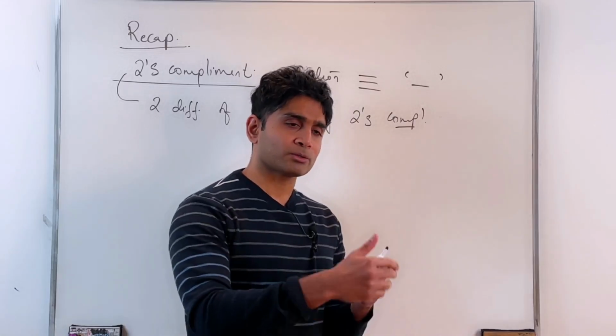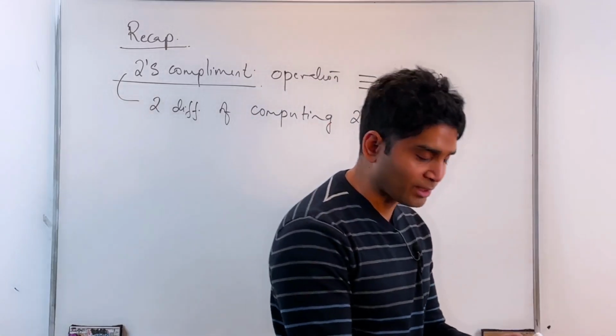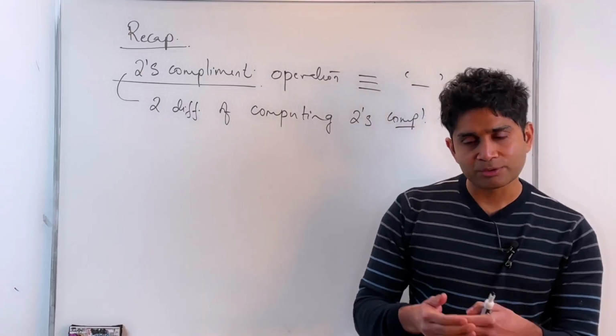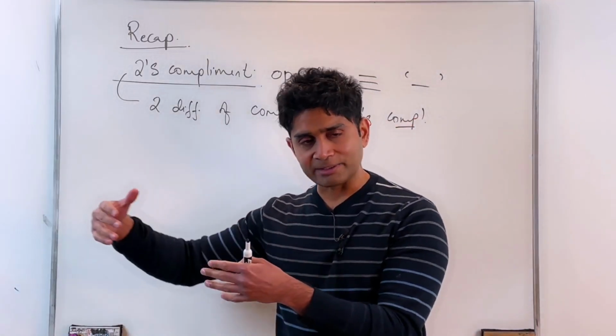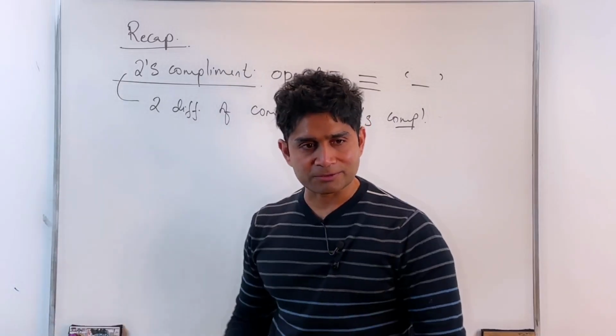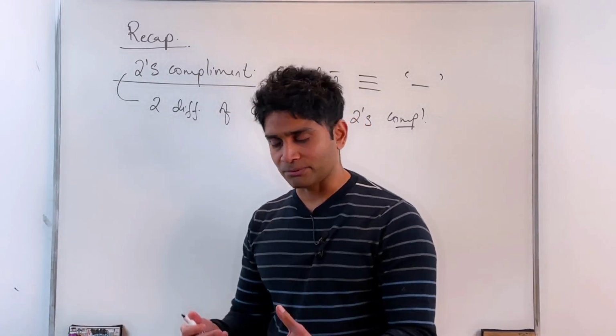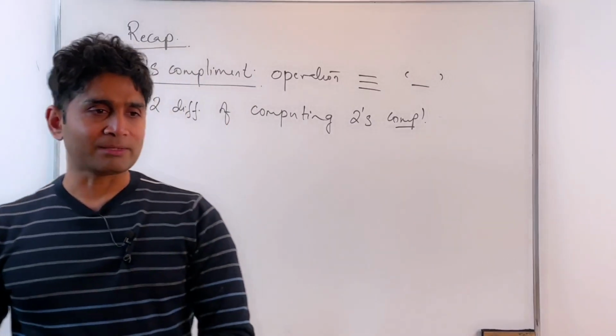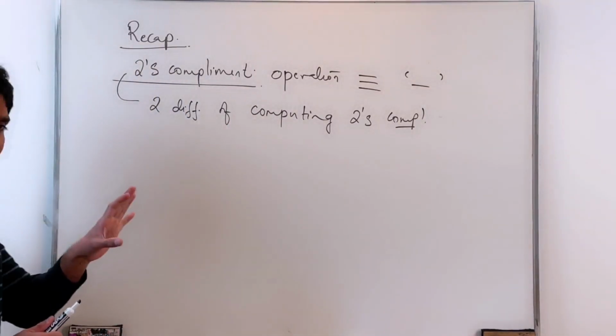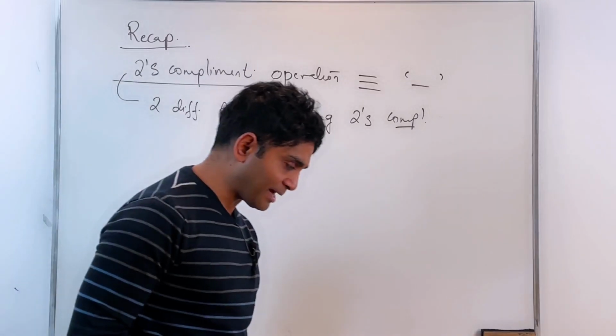You do not complement the first one either. Subsequent to that first one, you complement all the bits, and that's how you get the two's complement of a given number. Those are the two different ways that we reviewed in the last class.